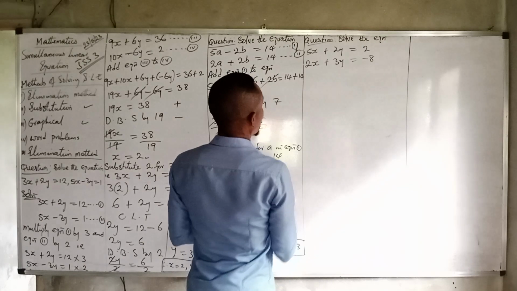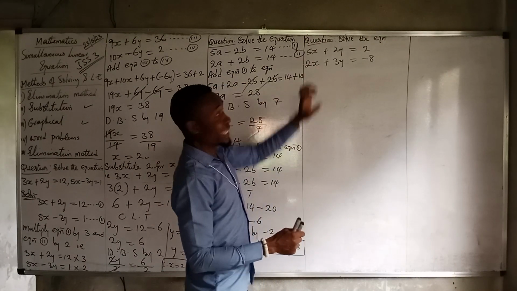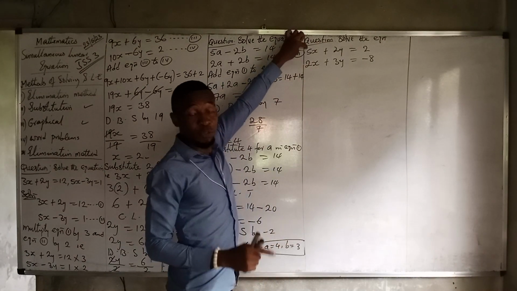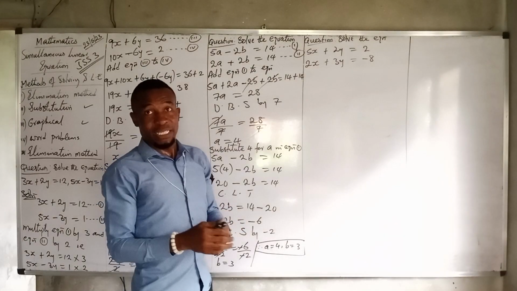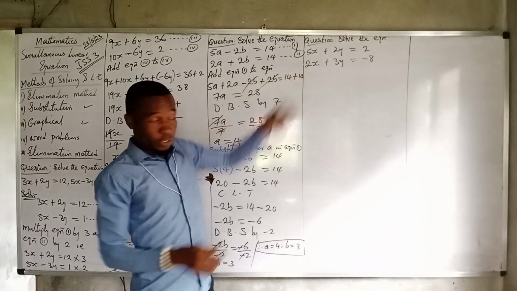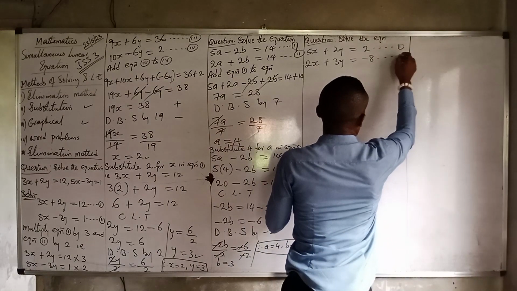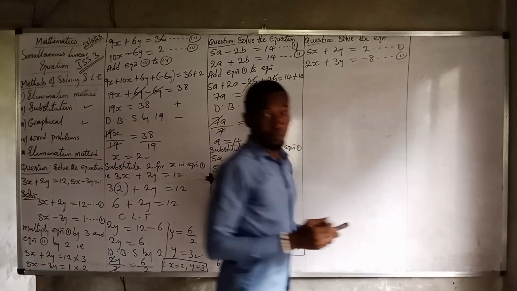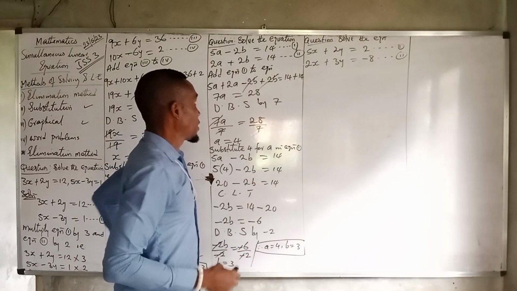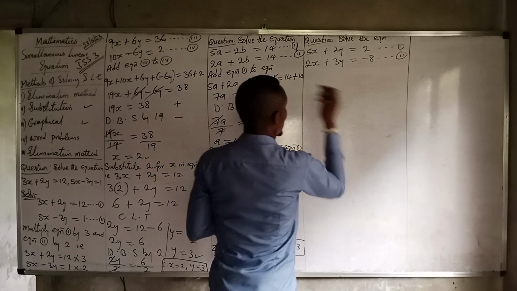Now for me to eliminate x, the coefficient of x in equation 1 must be the same as the one in equation 2. So I label this as equation 1, equation 2. At this point, what should I do?